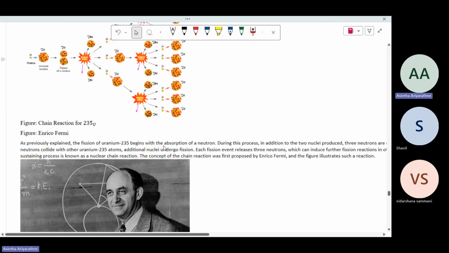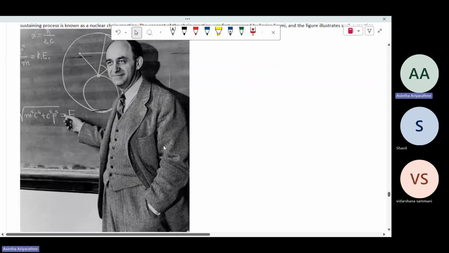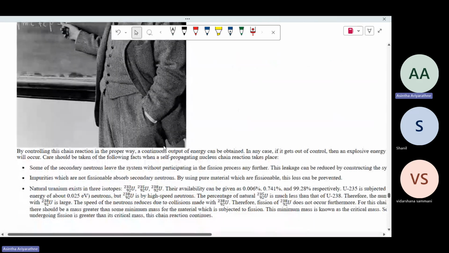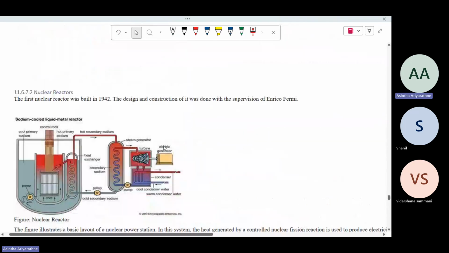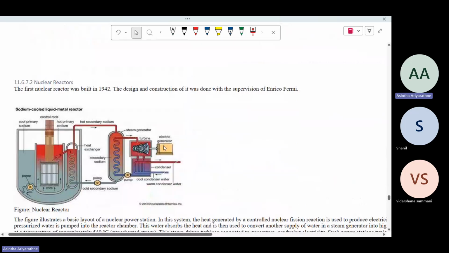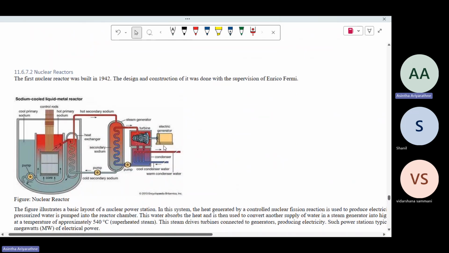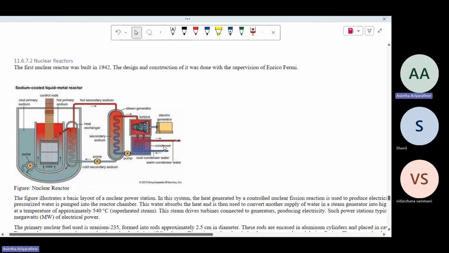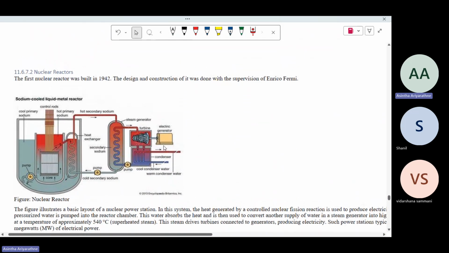A good thing is that we can use the nuclear reaction process to produce power, energy, in nuclear plants. These are typical nuclear plants.